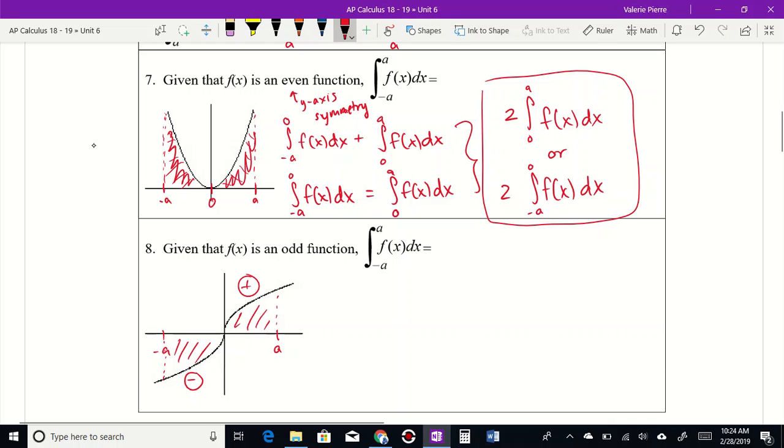So again, with the transitive properties, we can do the integral from 0 to a of f of x dx, and that's the positive end is going to be equal to a negative 0 to a of f of x dx.